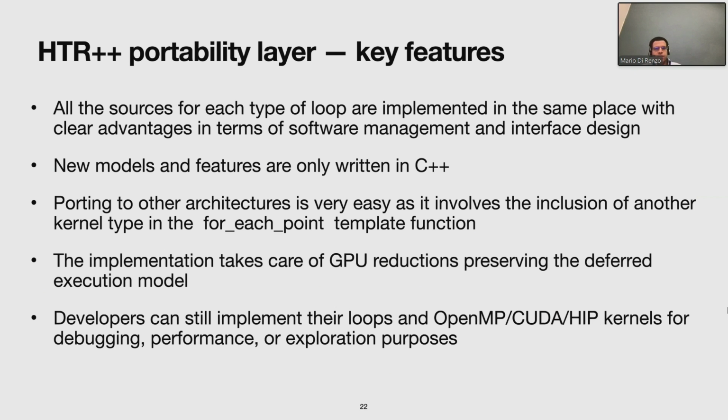And since this is something that we implemented but it's not mandatory, experienced developers can implement their own OpenMP, CUDA, and HIP loops within the task for debugging, performance, or other purposes.